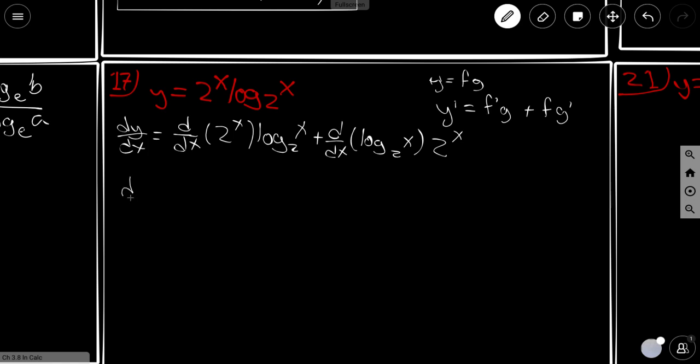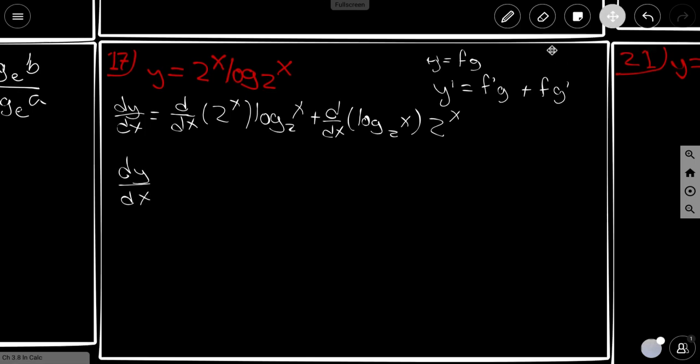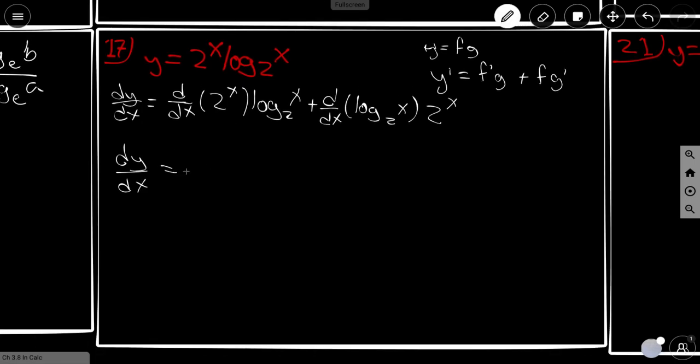And then the derivative of 2 to the x is going to be 2 to the x times ln 2.